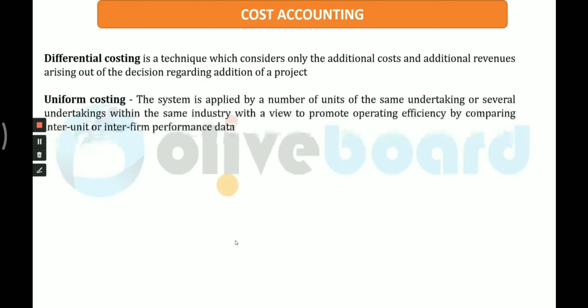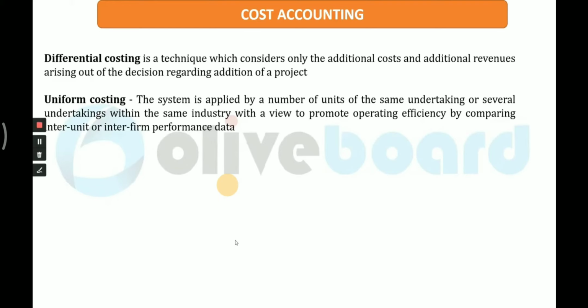Next one, differential costing. This helps in decision making, guys. Suppose I'm doing one project, and a new project is coming in. I have to incur additional cost for that project. Whether to take up that project or not, how will I make that decision? Differential costing will help me do that.